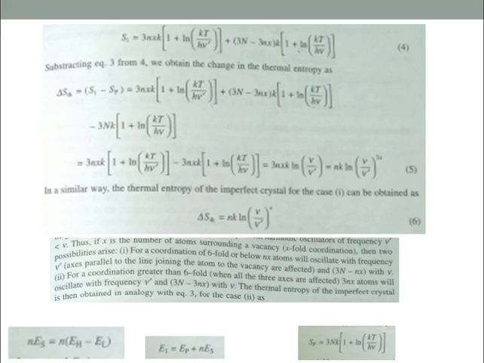Now we are going to the theory behind this. Here we are going to find the Helmholtz free energy. We know that the Helmholtz free energy is denoted by F, and F is equal to U minus TS, where U stands for internal energy and S for entropy.